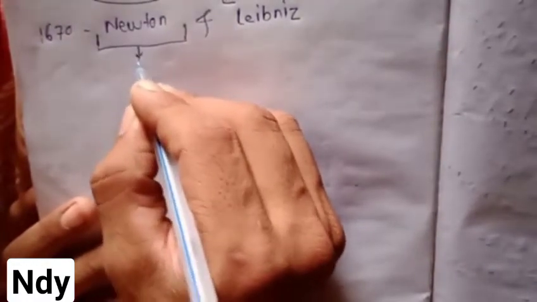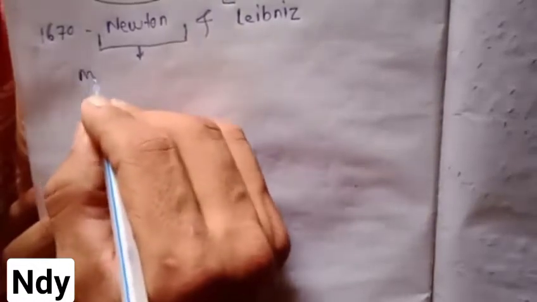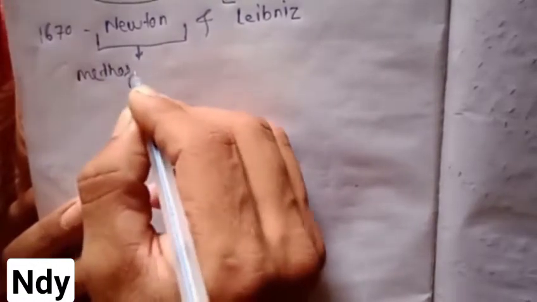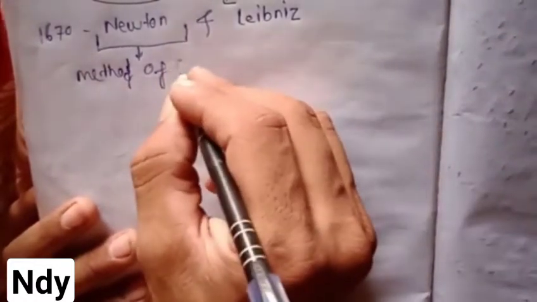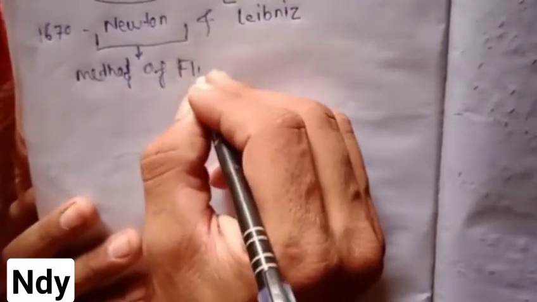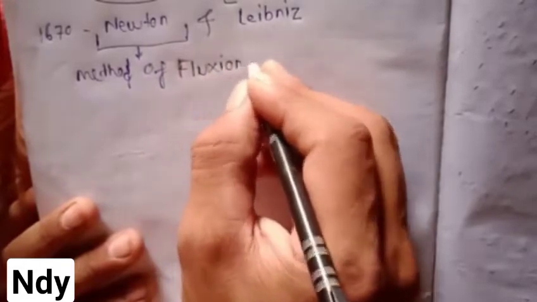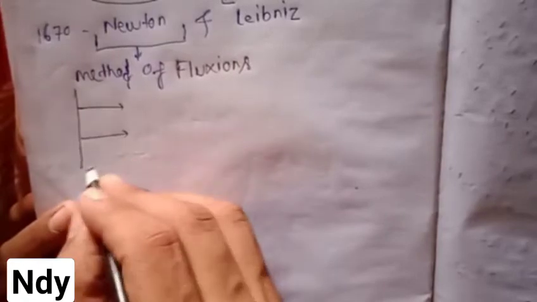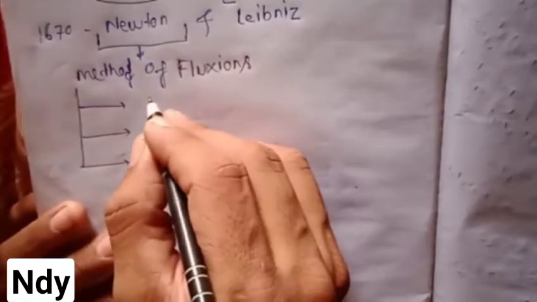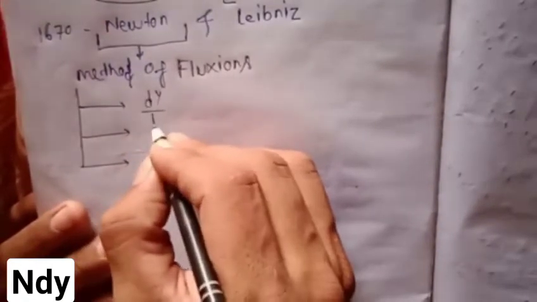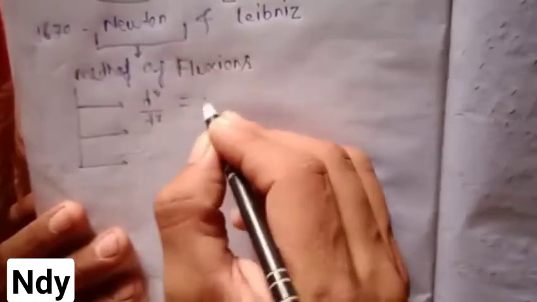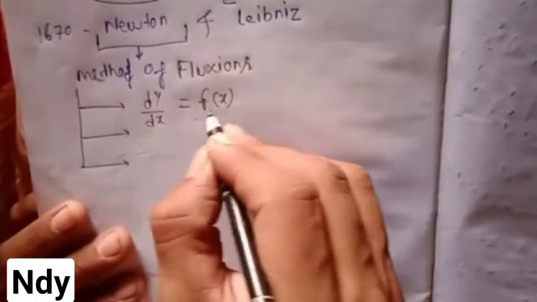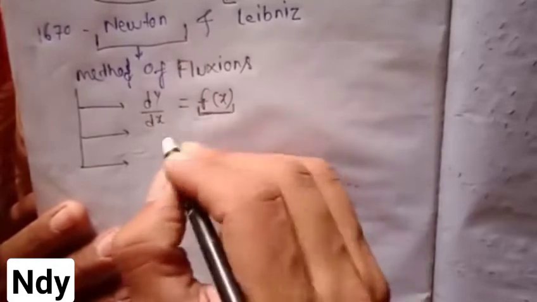In chapter 2 of Method of Fluxions, he discussed three differential equations. That is dy by dx is equal to f of x, which means function of x only.